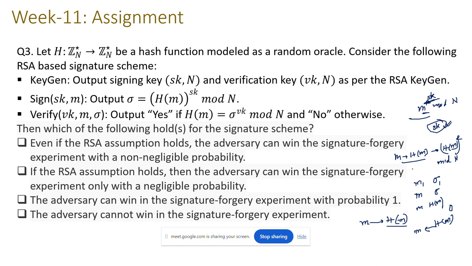From h of m you cannot generate h of m to the power sk, because you don't know sk. And the part that you cannot go from h of m to m ensures that if you start in the backward direction, you take any random element from Zn star, you raise it to the power vk, the verification key, to get a backward element.